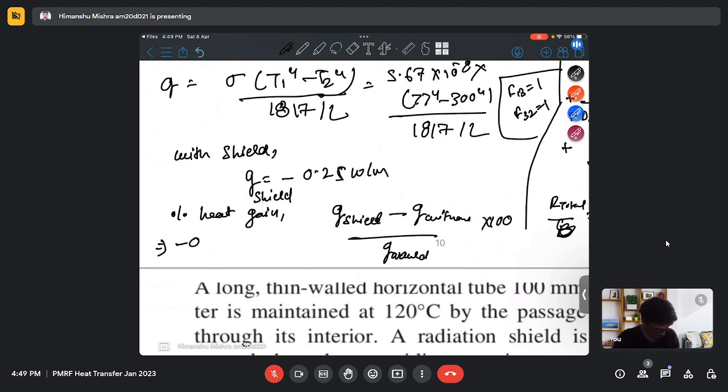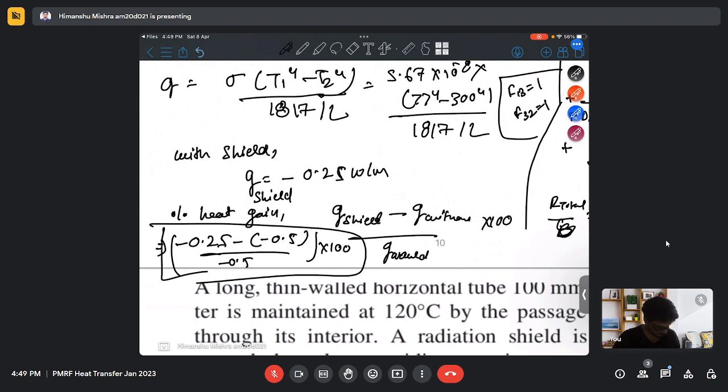With shield my heat transfer is 0.25 and without shield it was 0.5. So by calculating this quantity I will get a gain of minus 50%, which is actually a loss of 50%.